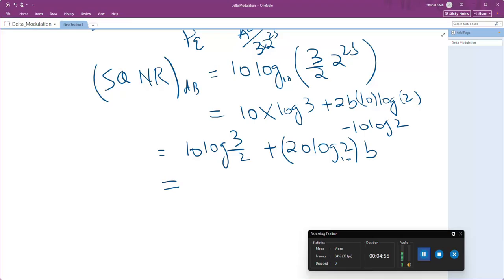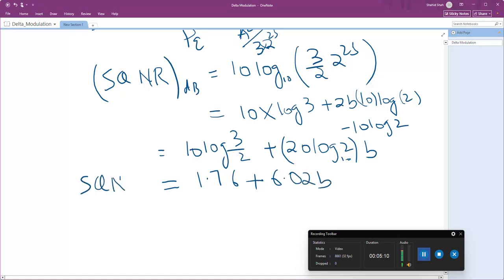Computing these numerical values of the logarithms, the first part is roughly 1.76 plus 6.02b. So this is the signal to quantization noise ratio in dBs.